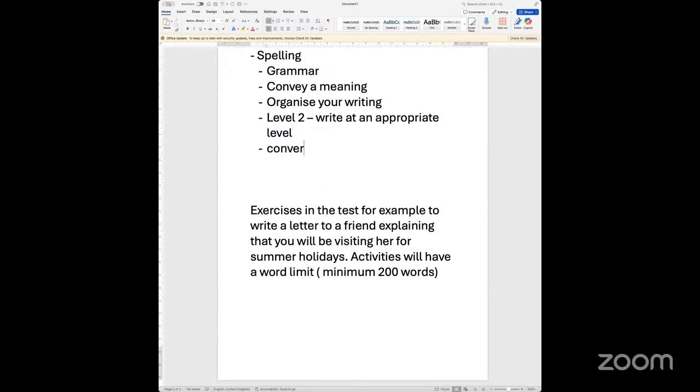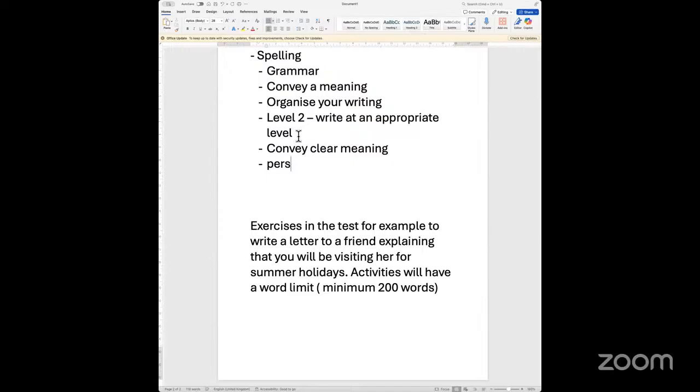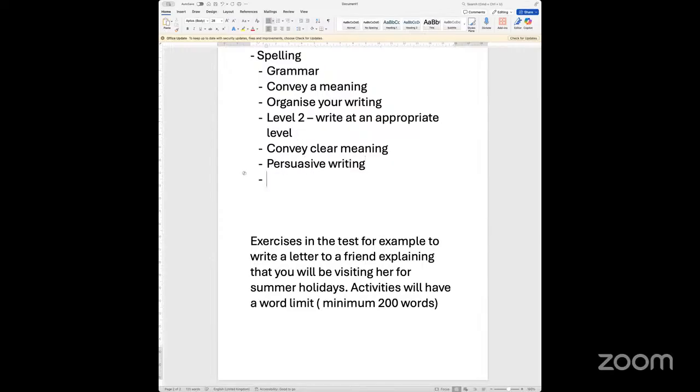Now, after this, there are a couple of things. When you're writing at an appropriate level, you're conveying very clear meaning of what you're writing. You're also able to use persuasive writing. That means you're able to build arguments, give reasoning, and explain the topic by adding arguments to it, or adding pros and cons, or advantages and disadvantages, depending on the topic which has been given.